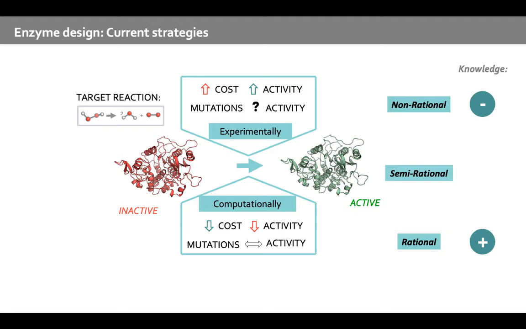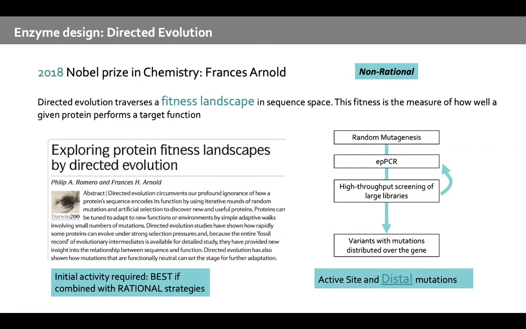So we can move. I will summarize these main strategies very quickly because I want to go directly to the details of the different computational strategies. So if we move to the directed evolution slide, you know already, the Nobel Prize in Chemistry 2018, and this technique revolutionized the biocatalysis field because thanks to that, variants that have very high activities can be generated.